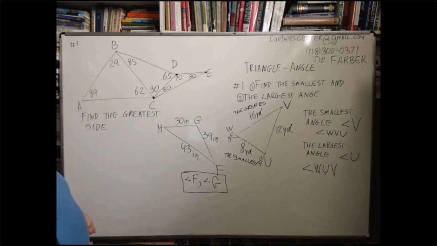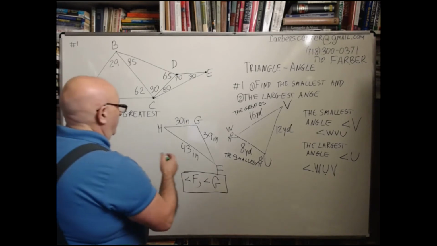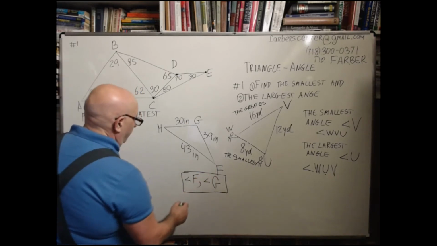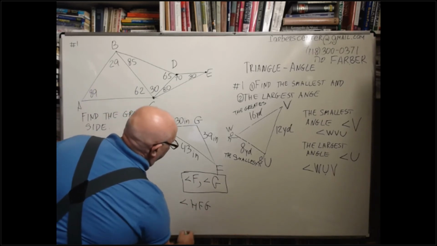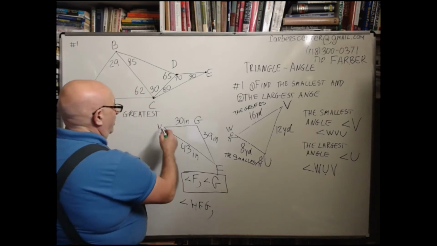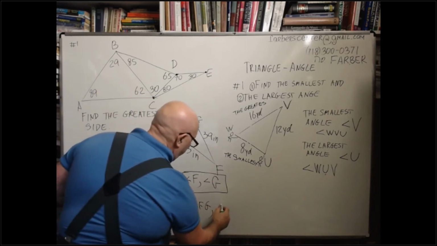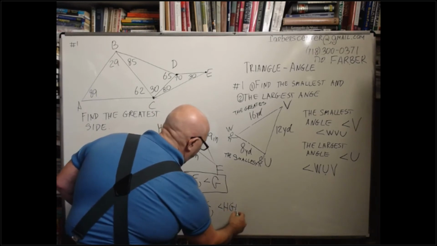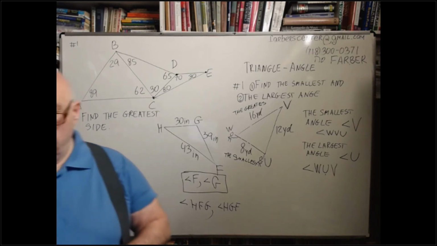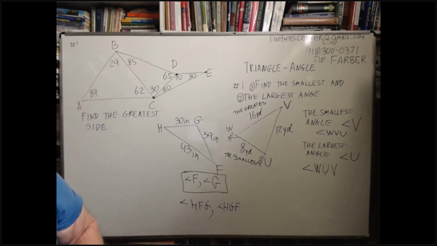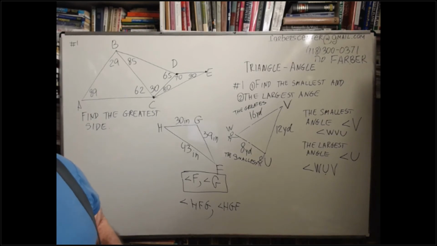Angle F, angle G. Or if you'd like, instead of F, you can write angle HGF. And for angles, usually we use capital letters. Who understands this 100%? Ask me questions if you have any.